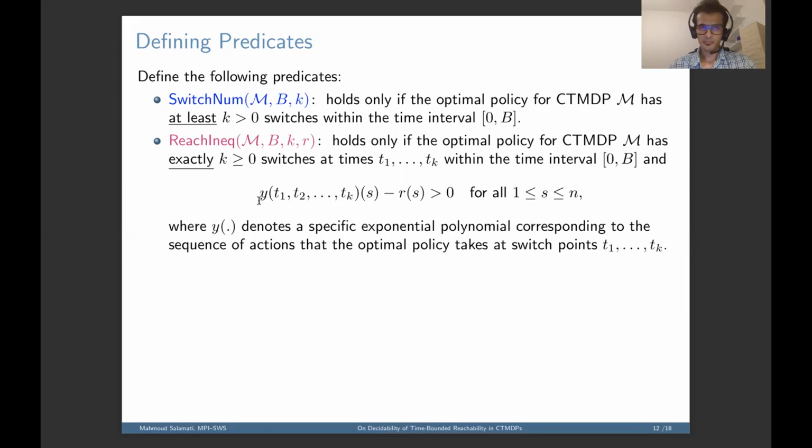Here, y denotes a specific exponential polynomial that corresponds to a sequence of actions that are picked by the optimal policy at times t1 to tk.